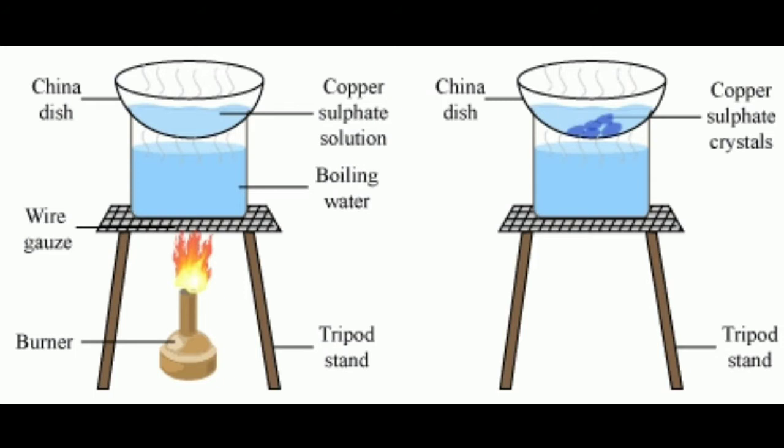Within hours, you will get the crystals of copper sulfate. The same method is used to purify solids. For example, salt we get from seawater can have many impurities in it. To remove these impurities, the crystallization method is used.